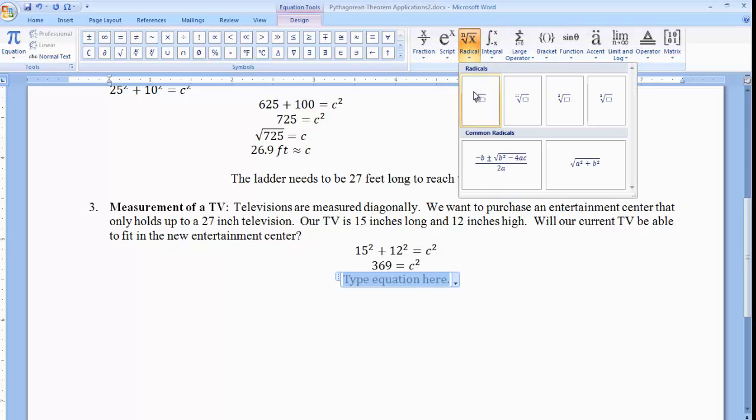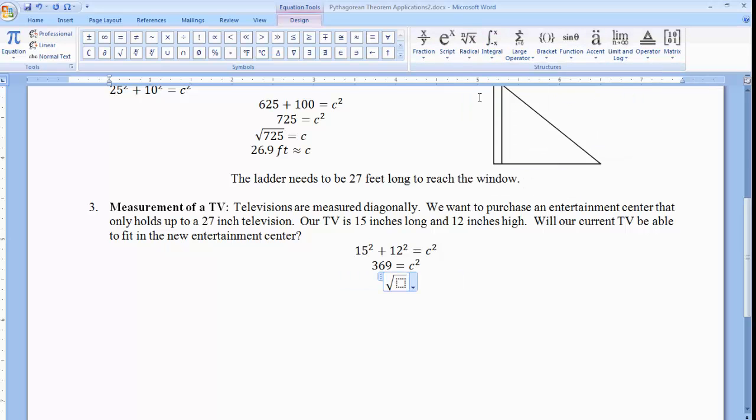Take the square root of each side. We want to take the square root of 369. And the square root of c squared is c.